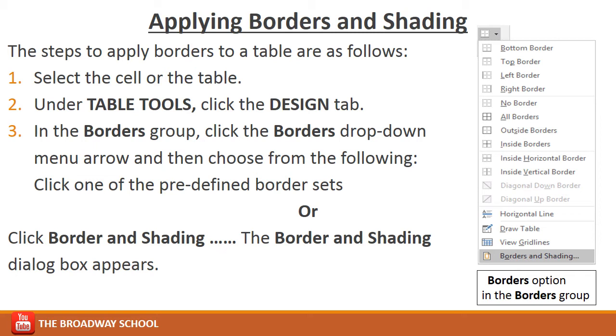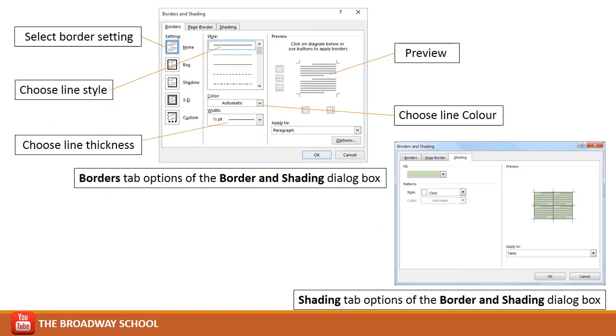Actually, in the given picture you can see different options are given. You can apply bottom border, top border, left or right border, or at the end there is an option, Border and Shading. When you click this option, the Border and Shading dialog box will appear.